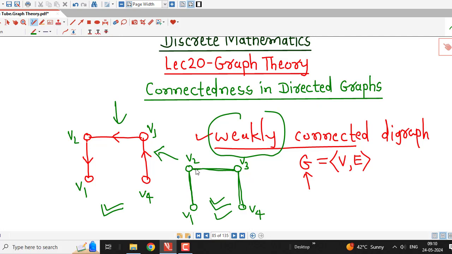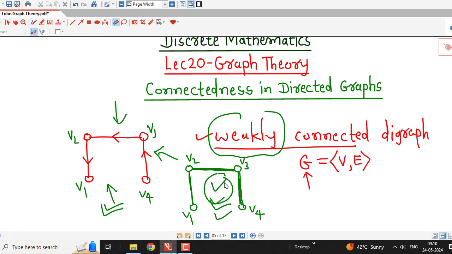There is a path between V2 and V3 and V2 and V4, and similarly there is a path between V3 and V1, V3 and V2, V3 and V4, and also there is a path between V4 and V1, V4 and V2, and V4 and V3. Therefore this undirected graph is connected undirected graph, and therefore this directed graph is weakly connected directed graph.